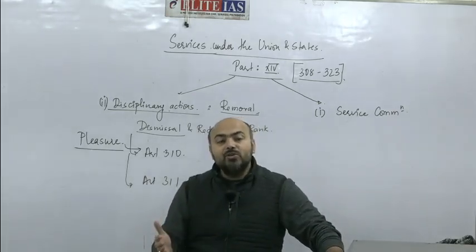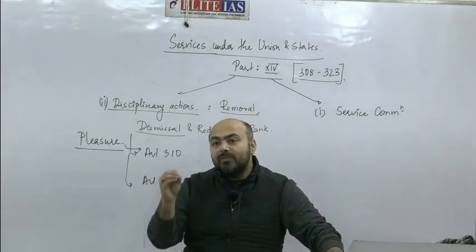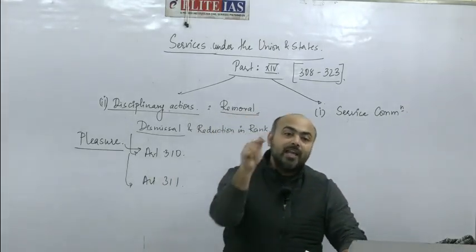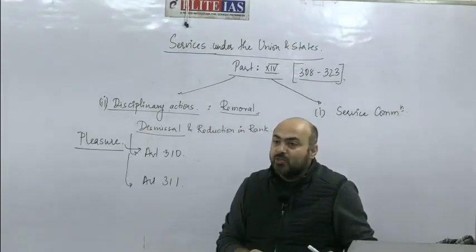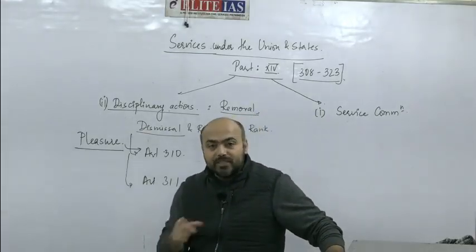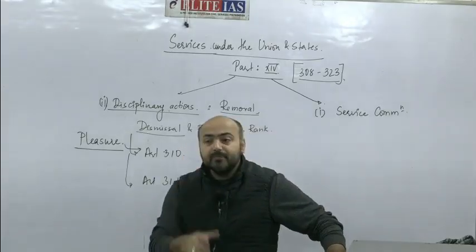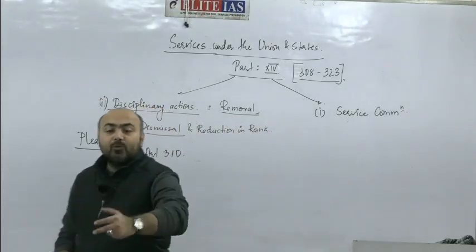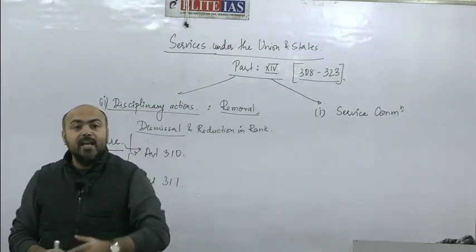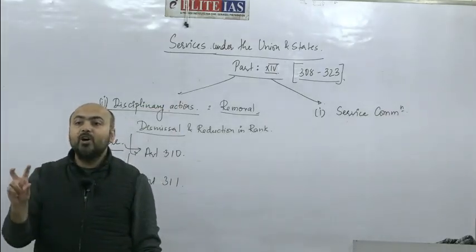And if the order of removal is signed by the President in the same session in which the resolution has been passed by the Parliament, then the individual can be removed. This is what the Constitution says. It also mentions the ground for removal. What is the ground for removal? It says it is incapacity or misbehavior.